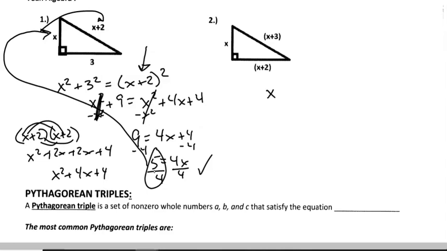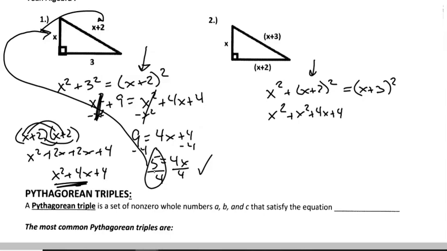If we did the Pythagorean theorem, which we're allowed to do because it's a right triangle, you'd have x squared plus x plus 2 squared equals x plus 3 squared. So this left side is going to be x squared. We just did this, so I'm not going to, it's right here. So plus x squared plus 4x plus 4.